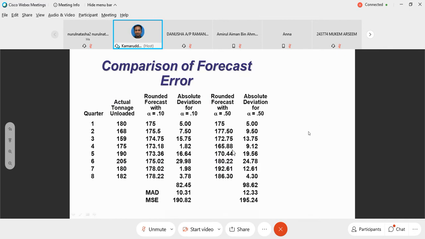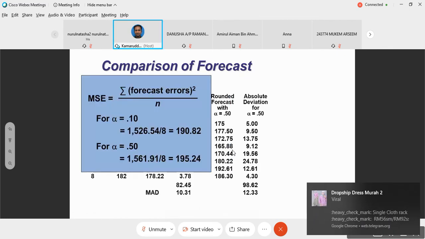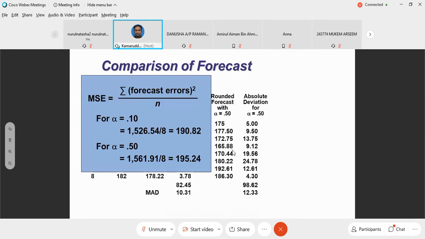Based on the mean square error again, we found that the alpha value of 0.1 has the lowest error, with the value of 190.82.